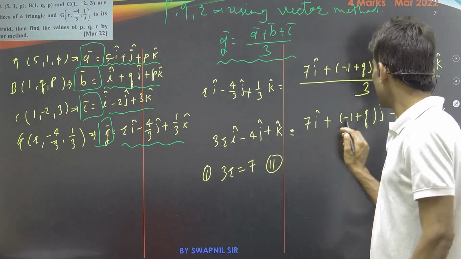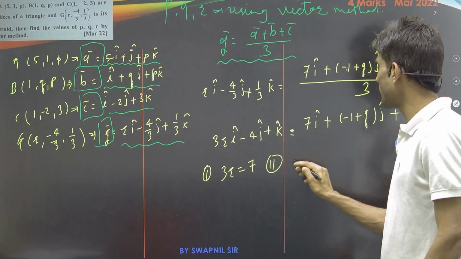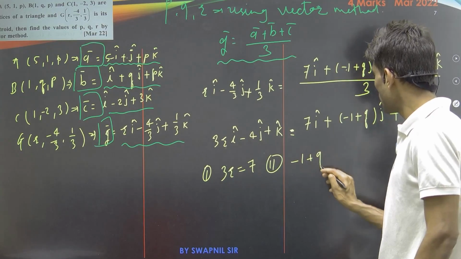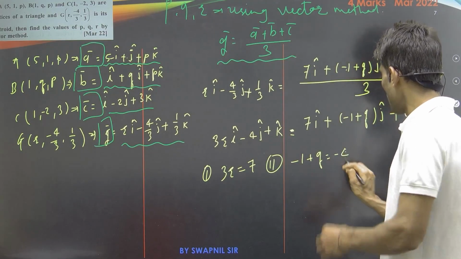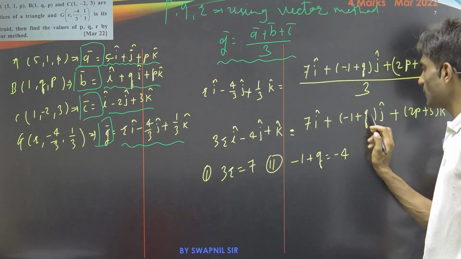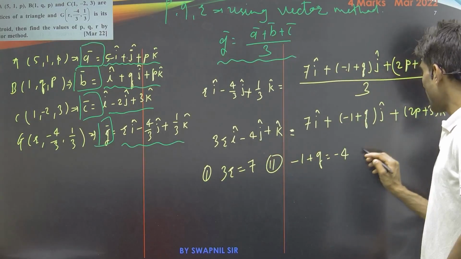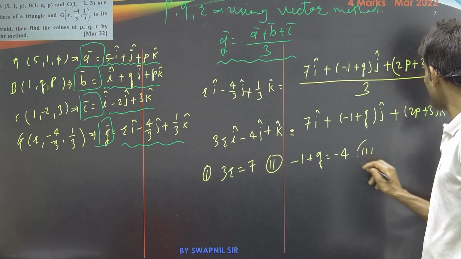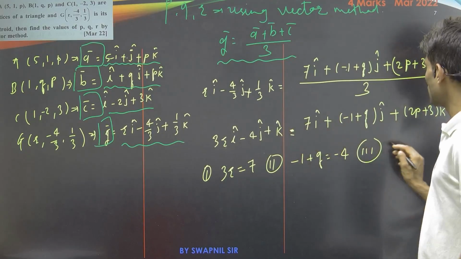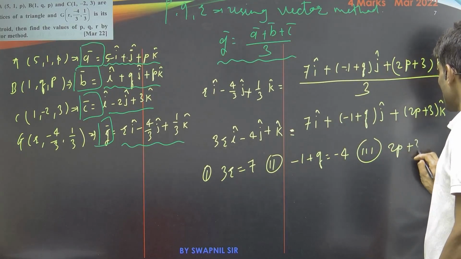Second, minus 1 plus q is equal to minus 4. And third, 2p plus 3 is equal to 1.